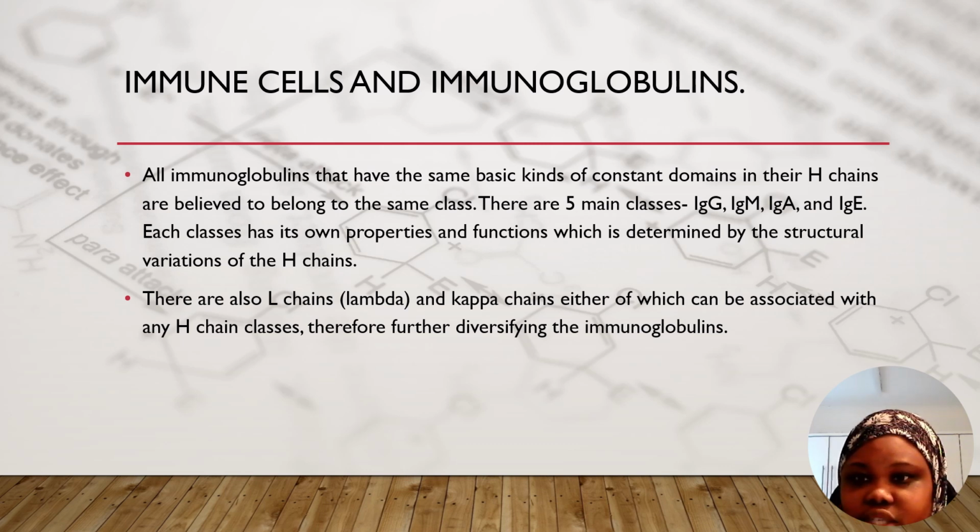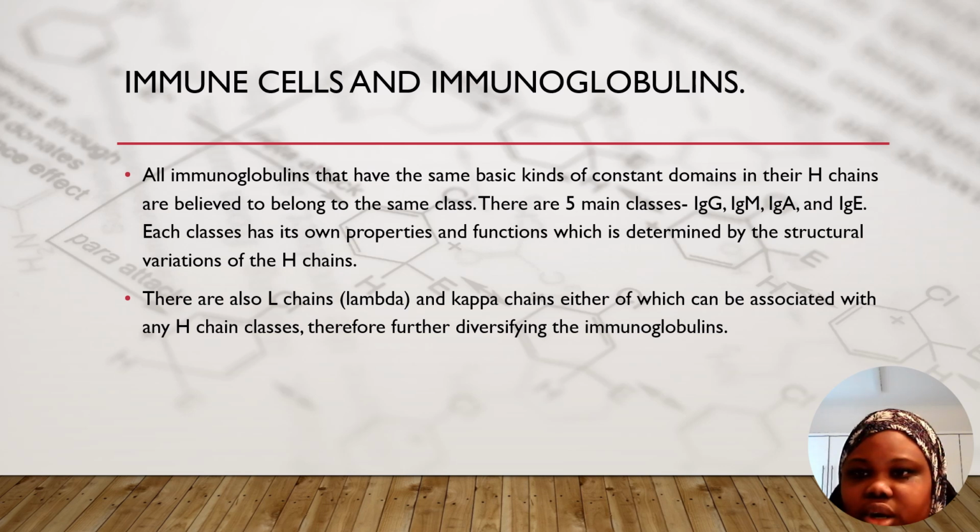Each IgG molecule is made up of four chains, two identical H chains and two identical L chains, either kappa or lambda. So it carries two identical antigen binding sites.